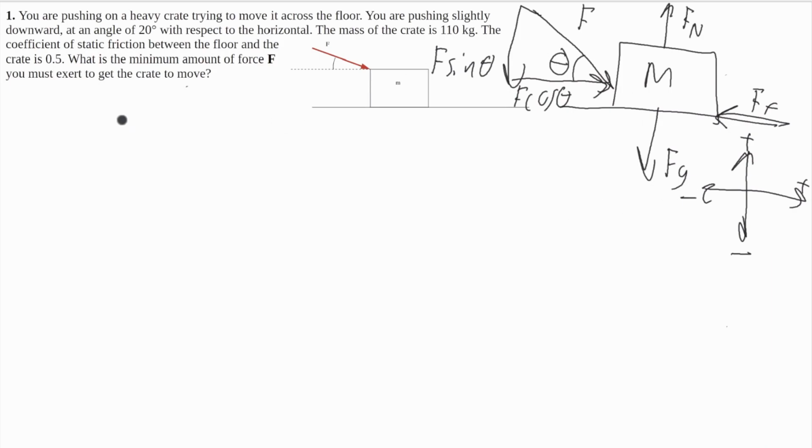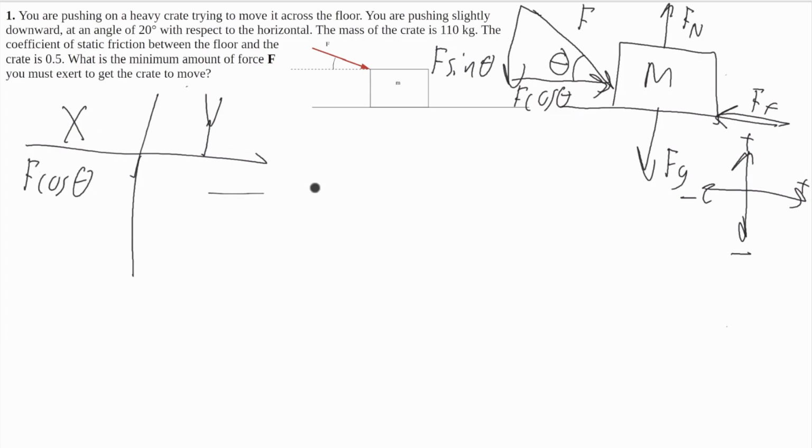And now we're ready to add up all our forces. So we can add up x, and we can add up y. In the x, we have F cosine theta. It's going to be positive because it's in the right direction. And we also have the force of friction, which is going to be negative because it's pointing left. So that's all of our forces in the x direction.